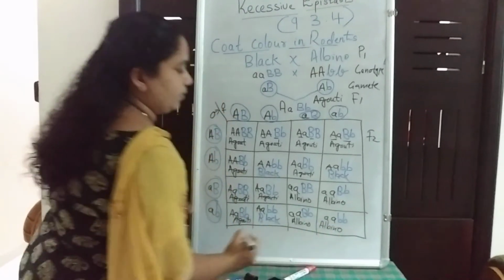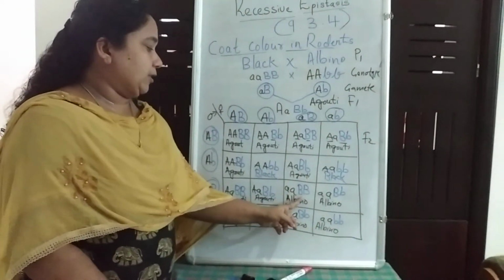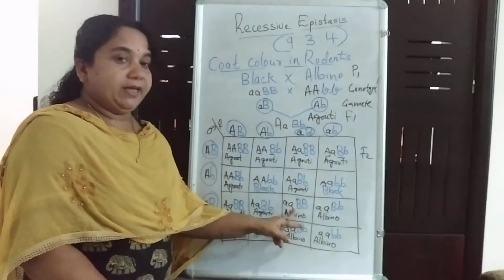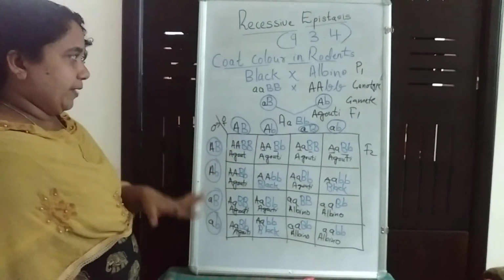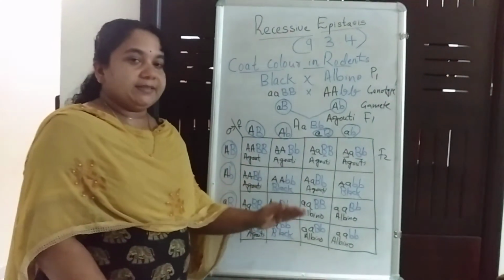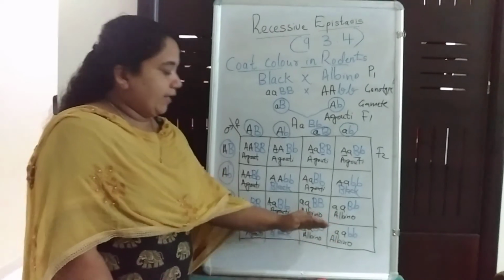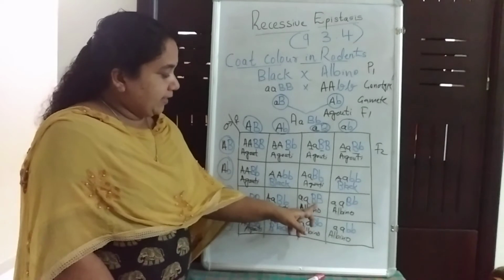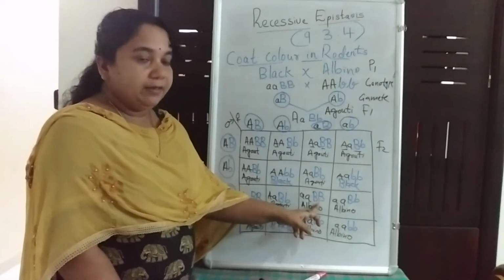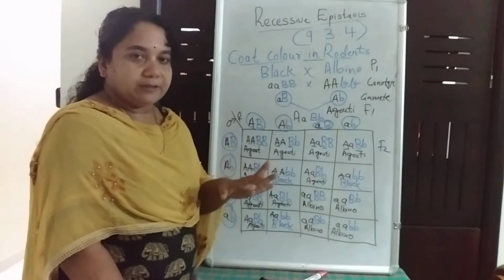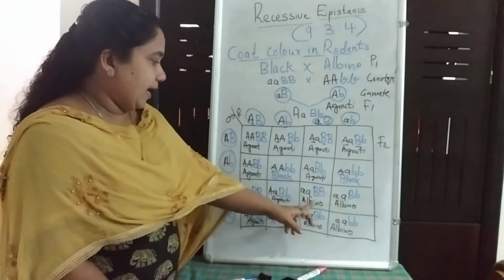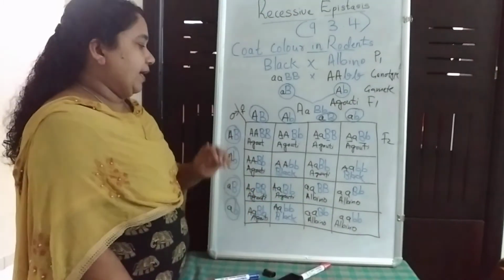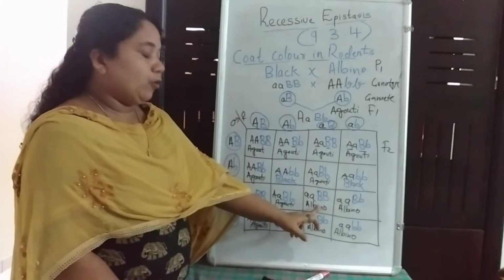While this small a has a role. That means even if this small a gene is present, what happens? It has an effect to control the expression of this B. So even if capital B is there to express the color as black, the progeny will not be black.